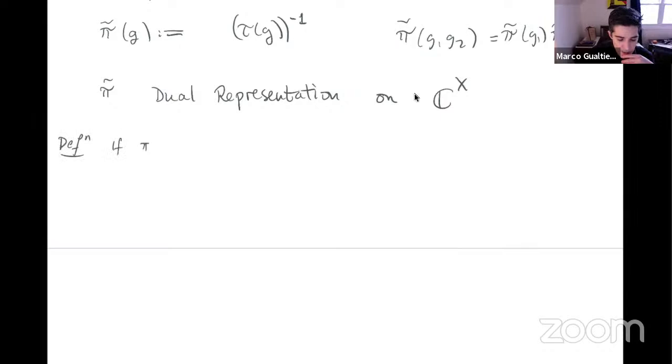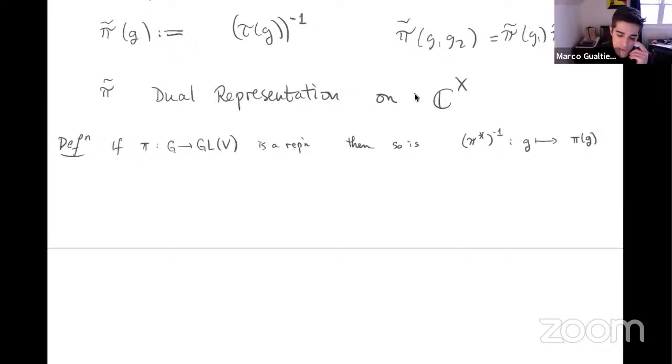If pi is a representation, then so is pi dual inverse. So this is the representation that takes a group element to first pi of G. Pi of G is a linear operator from V to V. And then we can invert it, or we could dualize it first.